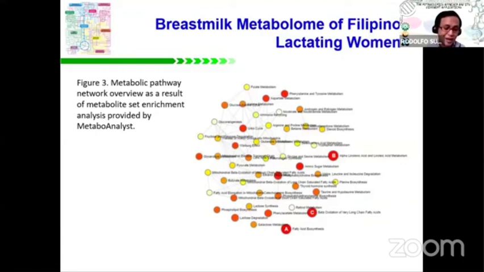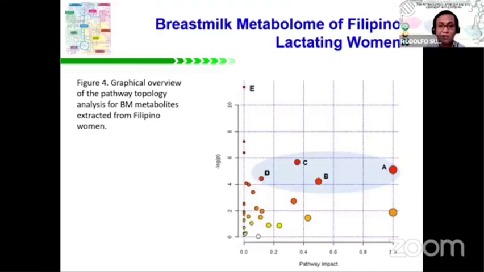As you can see, there are nodes here that were identified as overrepresented, and as expected, most of them relate to lipid metabolism, such as bile acid biosynthesis, and also amino acid metabolism, and also beta oxidation of very long chain fatty acids. And this is the graphical overview of that breast milk metabolome, highlighting the centrality of those metabolites that we identified.